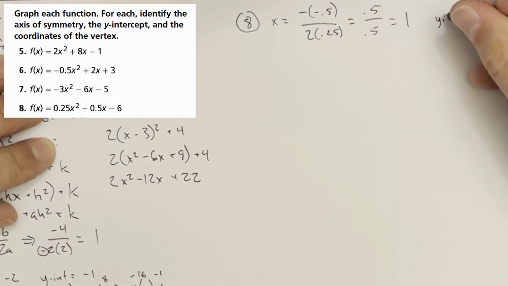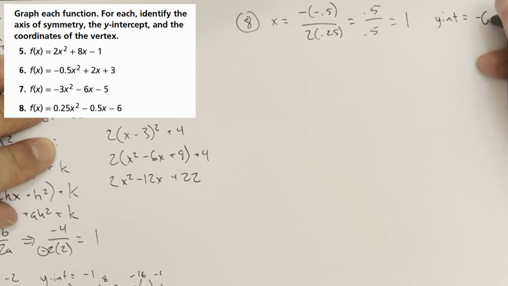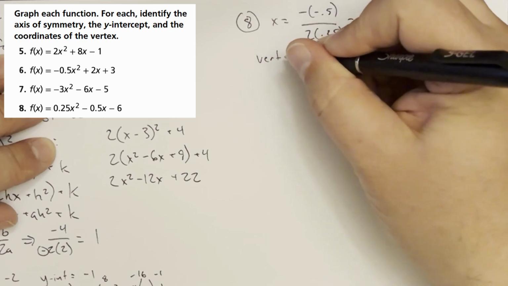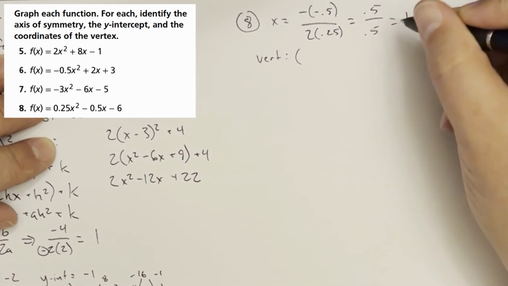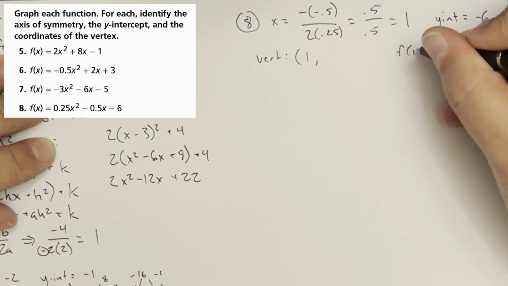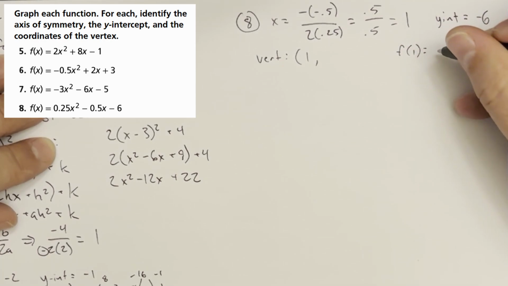Now, to get the vertex, again, first the y-intercept is negative 6. Then for the vertex, we bring our 1 down for the x. That's what the axis of symmetry is. Solve the equation for x equals 1. So 1 squared is 1, times 0.25 is 0.25.